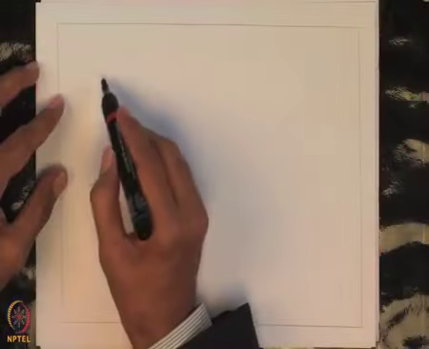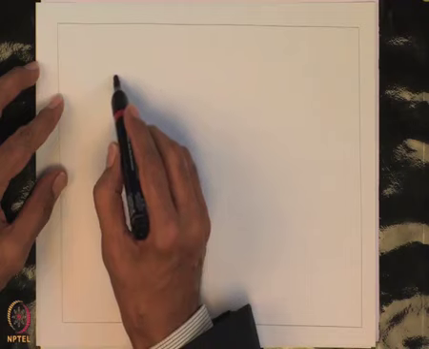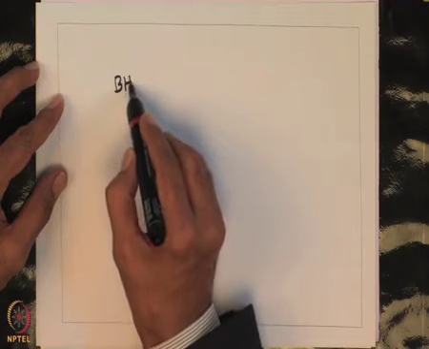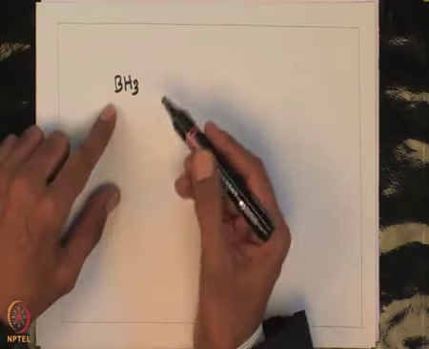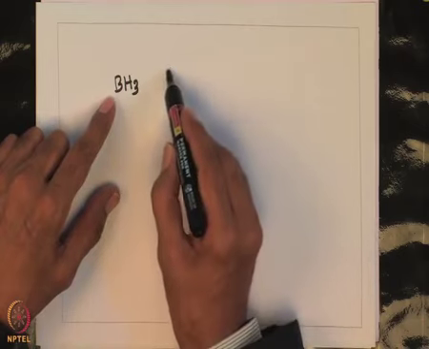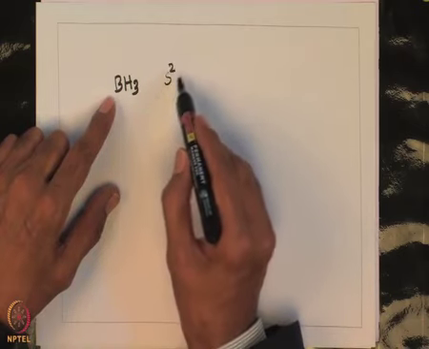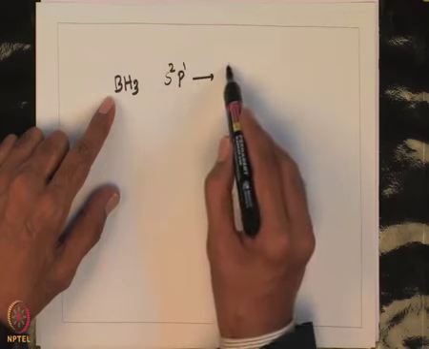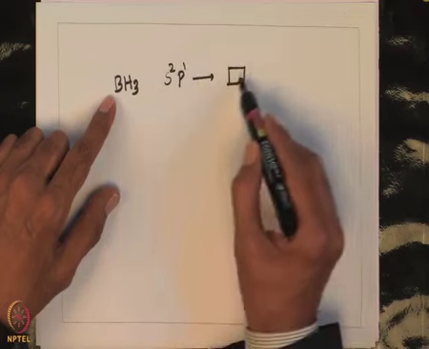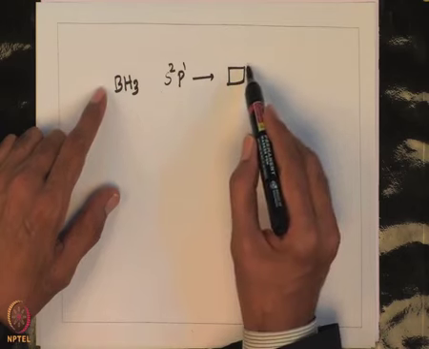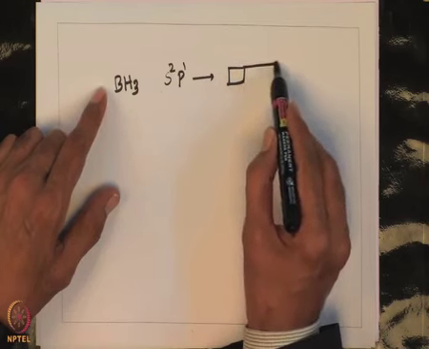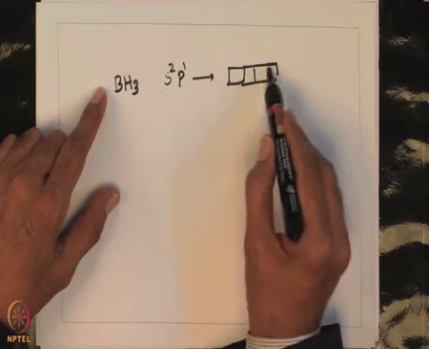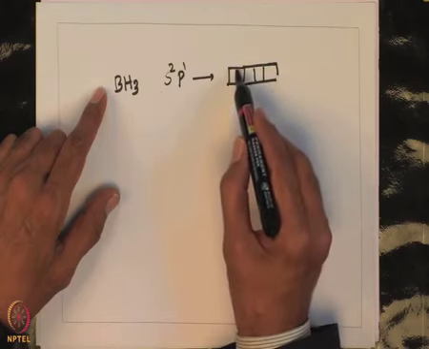We can again use valence bond theory here. If we take BH3 to start with, for the formation of BH3, one can look at hybridization of s and p. So, before the bond formation, the electrons are distributed in this fashion.